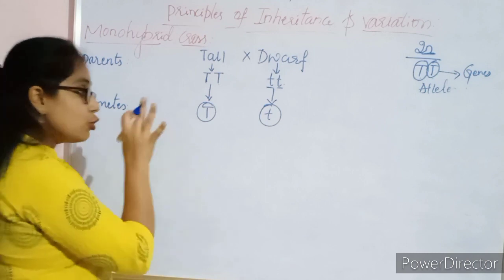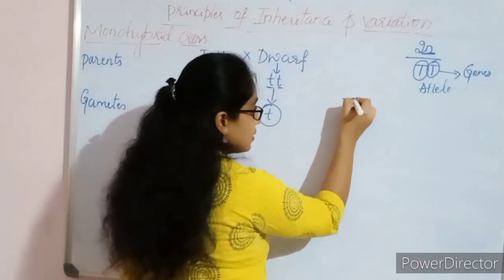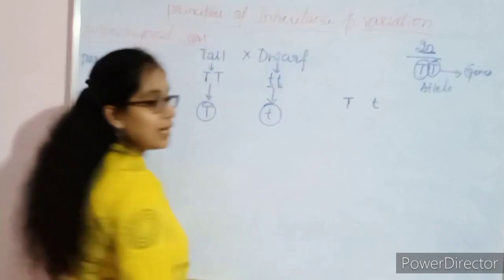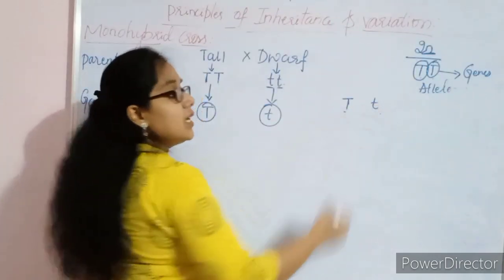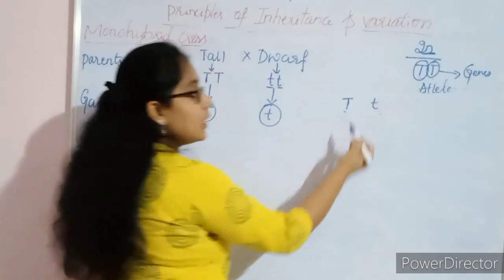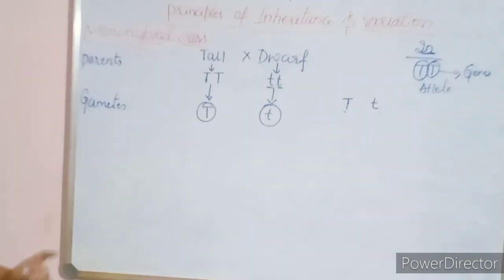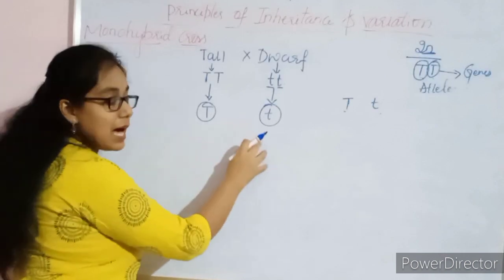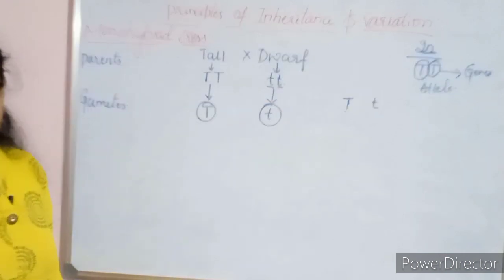If you don't write the gametes inside the circle, or if you just represent them like this, it appears as an allele, yes or no? Because the single unit of gene is called an allele. So you have to always represent the gametes inside the circle.